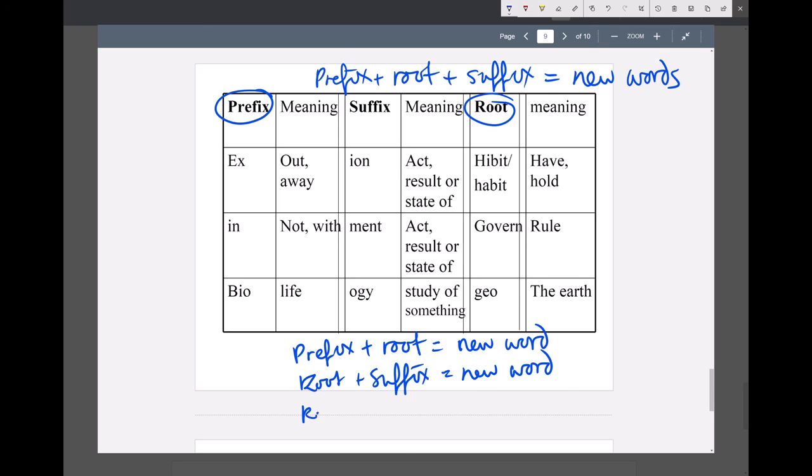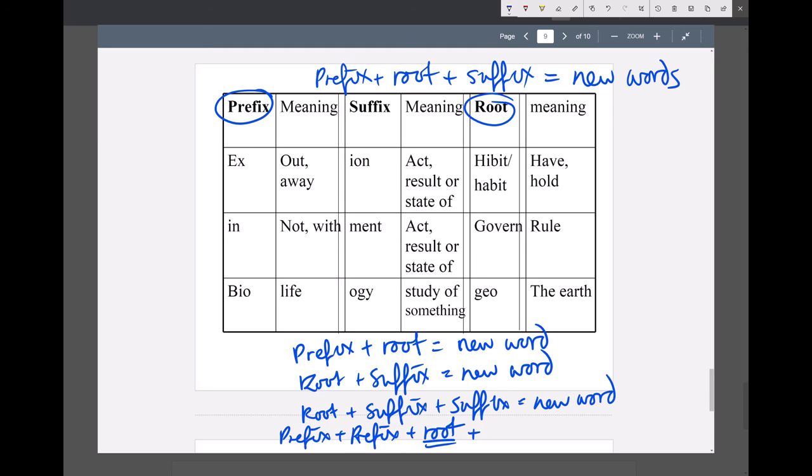Sometimes you can add more than one suffix. Another word. And sometimes you could even have a combination. You can have prefix, prefix, but you always have a root.